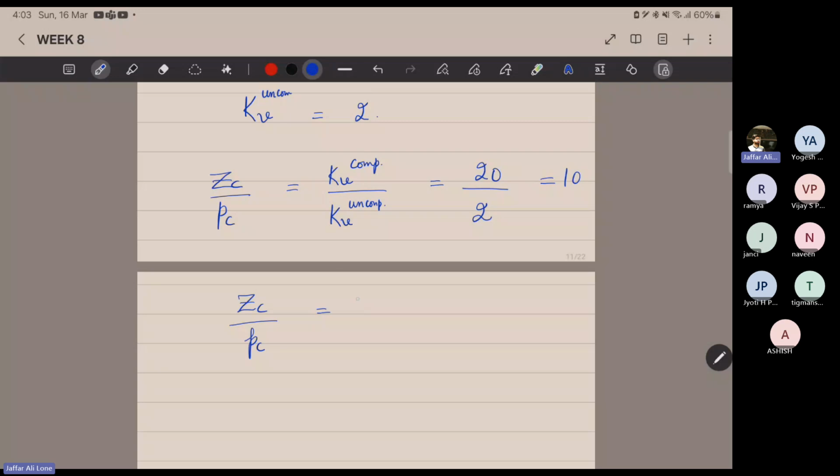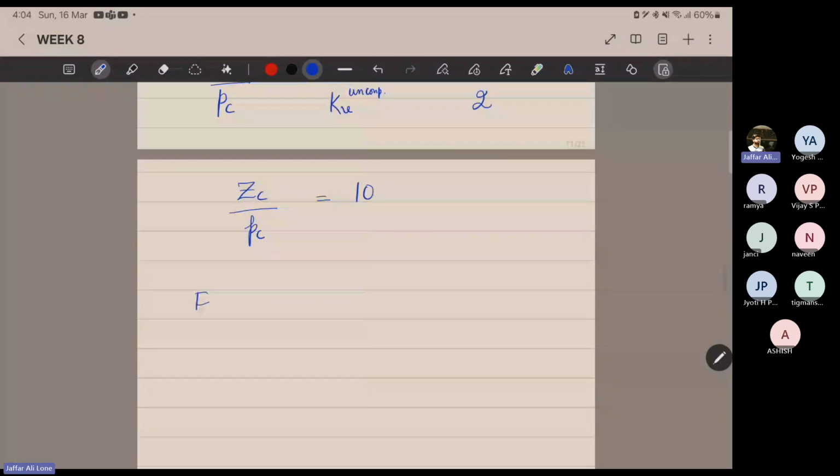Now, the question is, assume we design a lag compensator, then what is the value of beta? Find beta. You have gone through the lectures, you should be knowing the general form. We can write lag compensators in many ways.